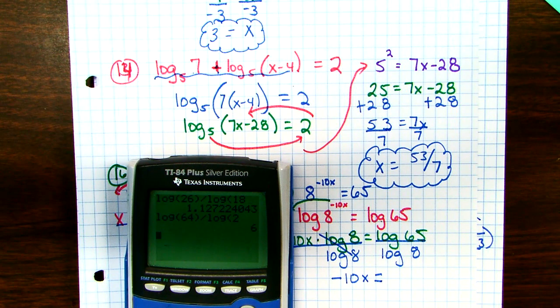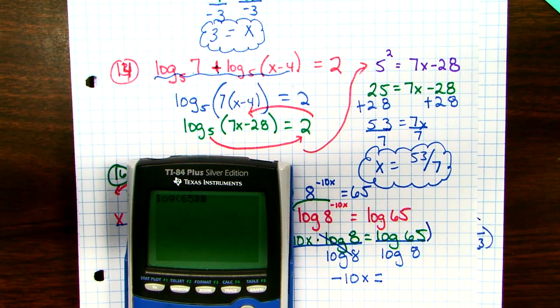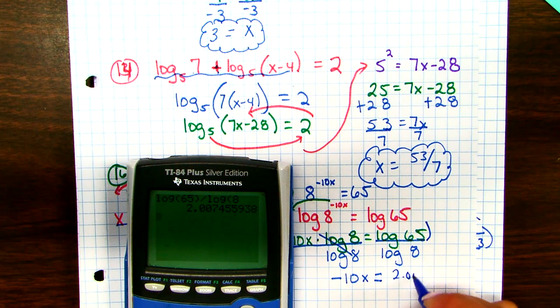So that's going to be log 65, close it, divided by log 8, enter, and I get 2.0075, but I'm only using that really as a placeholder.